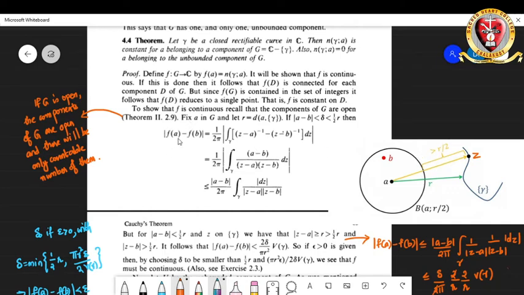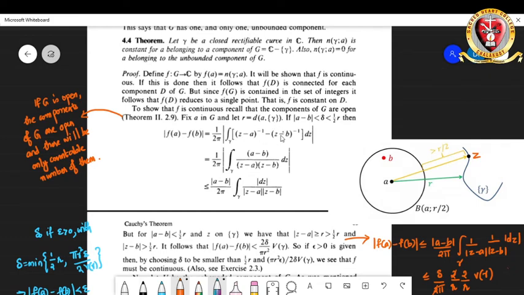Then we consider modulus of f of a minus f of b. From the definition, f of a is equal to n of gamma a, and f of b is equal to n of gamma b. Apply the definition: 1 by 2 pi i, and modulus of i is 1, so you can take 1 by 2 pi out. Inside the modulus, integral over gamma of 1 by z minus a minus 1 by z minus b dz.